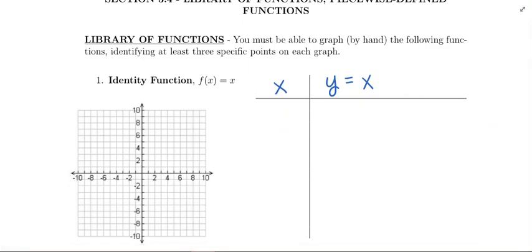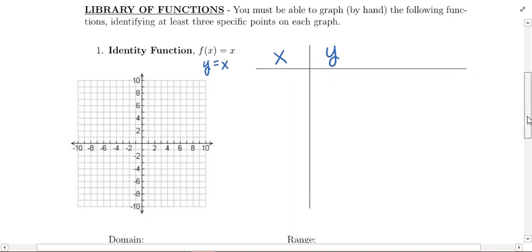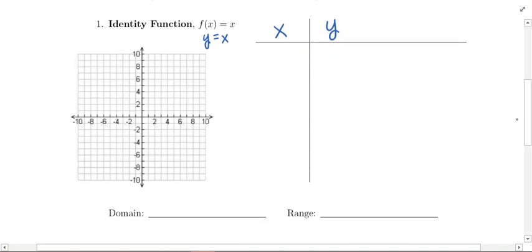Let me write it right here. f of x is equal to x is the same thing as y equals x. You are always in charge of x. We get to pick x. It's especially important, especially if you don't really know what the graph looks like, to pick a variety of x values.